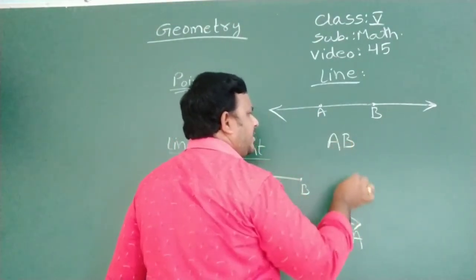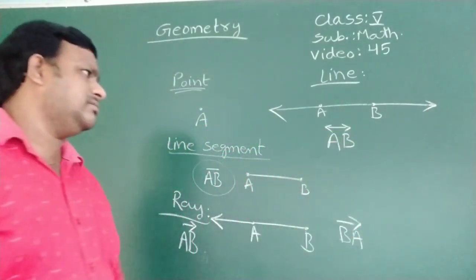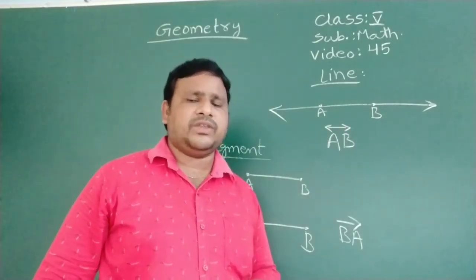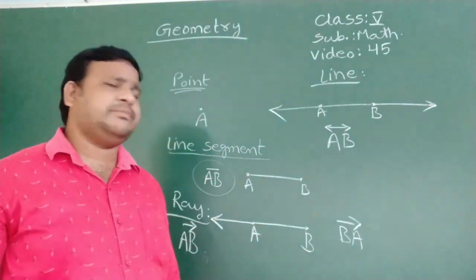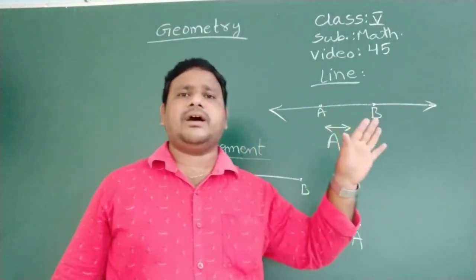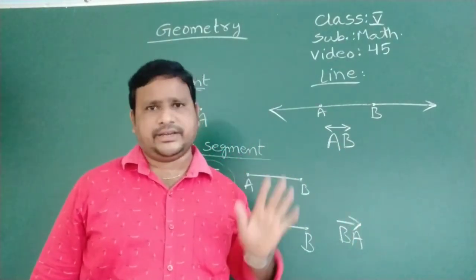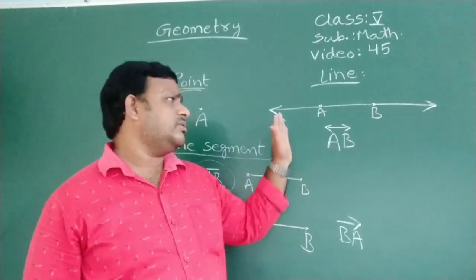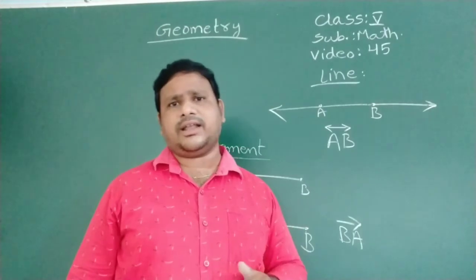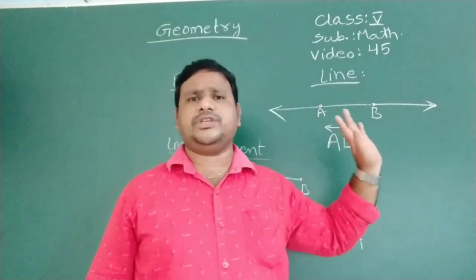We will write AB and on the top of AB we will draw the line symbol in this manner. And here there is no starting point, there is no ending point also. A and B are just two points which lie on the line. That's it. To represent the line, or to say the name of that line, we can take any two points, not only these two points.